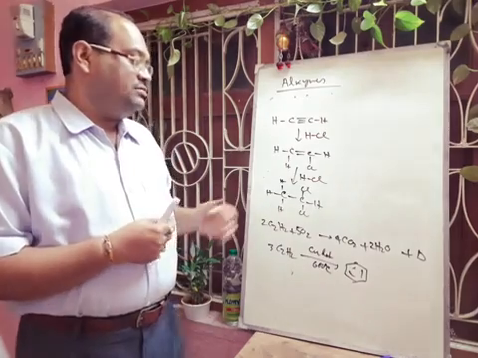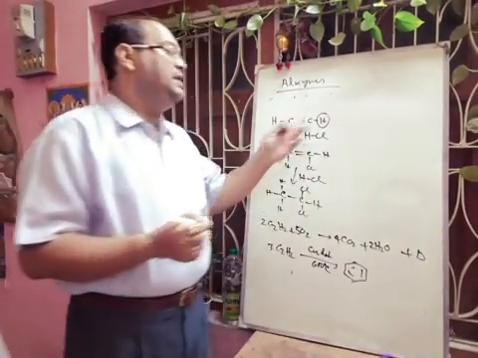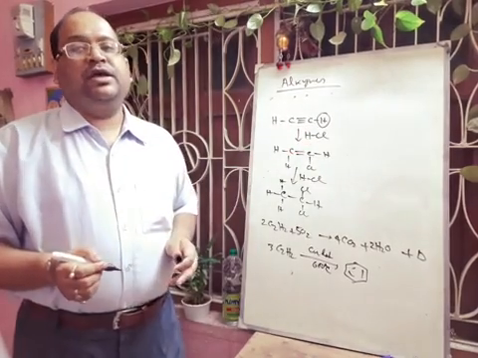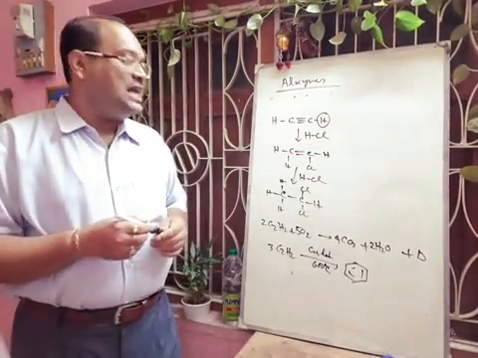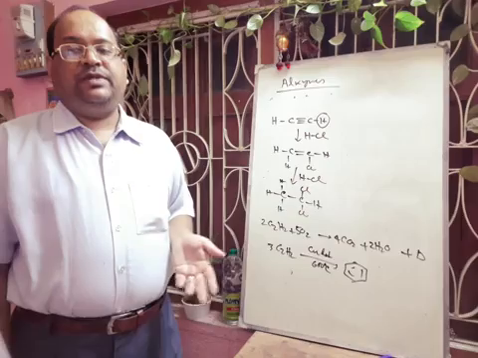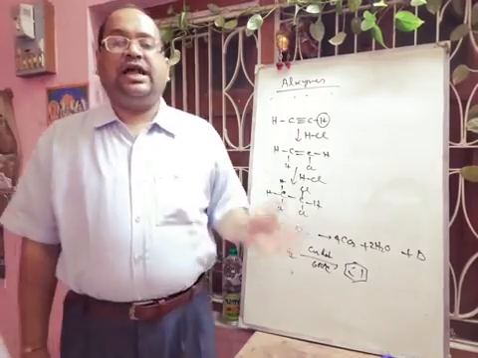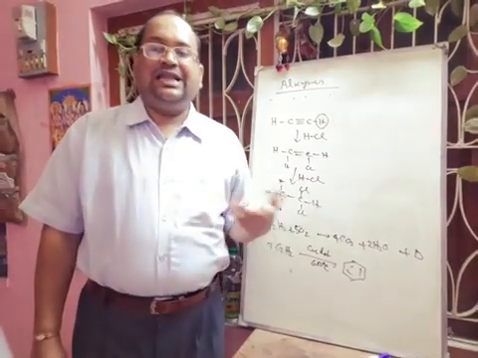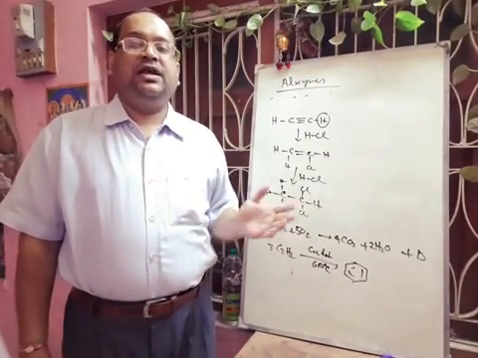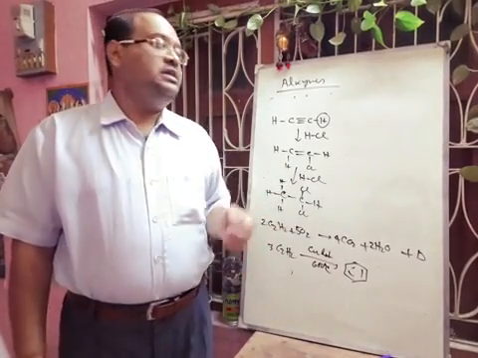Next, we will discuss the identification test of acetylene. These acetylenic hydrogens are acidic. After releasing, the negative charge will be stabilized by the sp hybridized carbon atom. That is why if you treat acetylene with ammoniacal cuprous chloride, then there will be formation of a red precipitate of copper acetylide. And by this way you can easily identify acetylene. Another test: if you take ammoniacal silver nitrate solution, there will be formation of silver acetylide, a white precipitate, and by this way also you can easily identify acetylene.